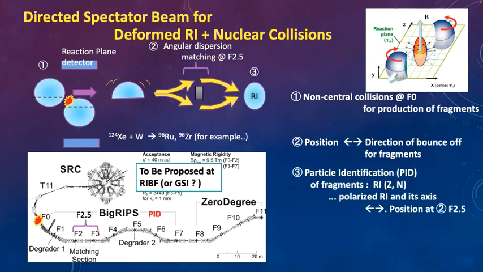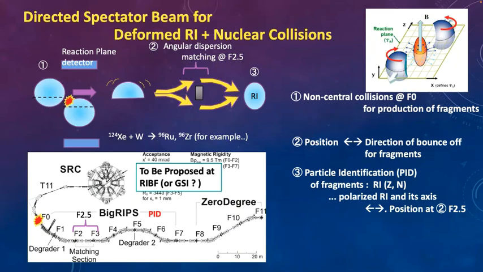And after that, we identify this spectator event by event. And first, probably we put some reaction plane detector here, so that we can confirm what we expected, event by event.